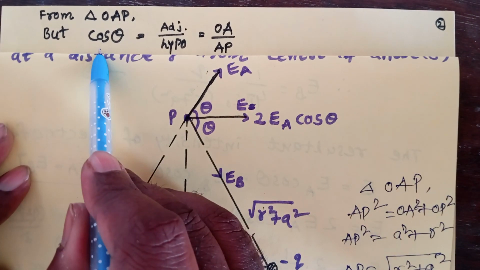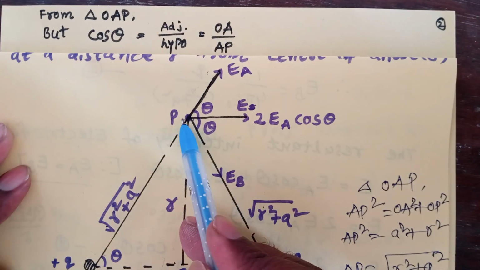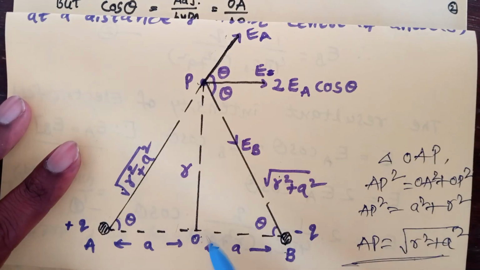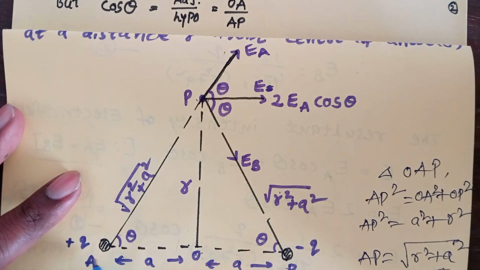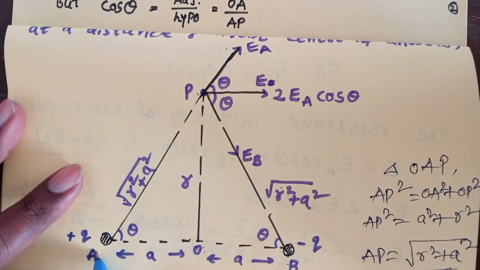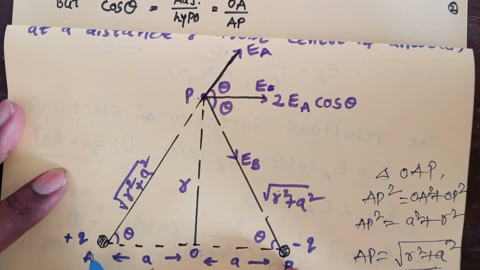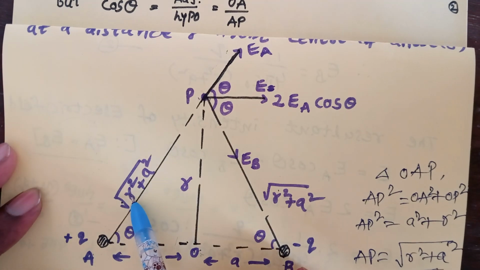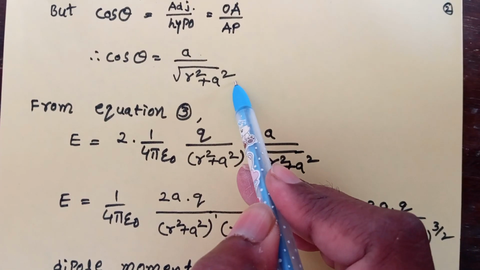The adjacent side is a and the hypotenuse is AP, so cos theta is equal to a by square root of r square plus a square.